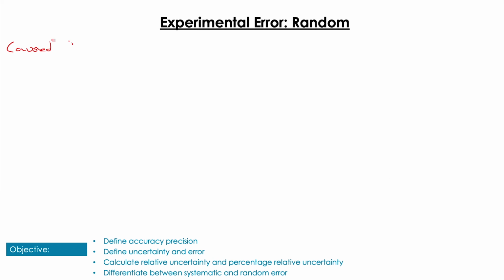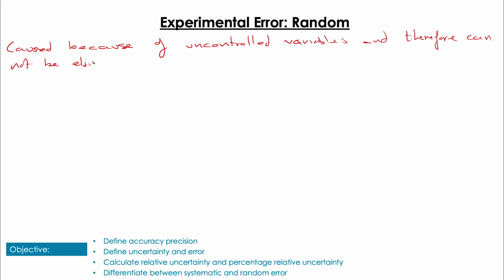Random error is called such because it is derived from uncontrolled variables in the experiment. Therefore, we're not able to remove these completely from any investigation.